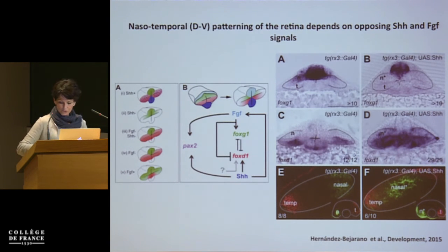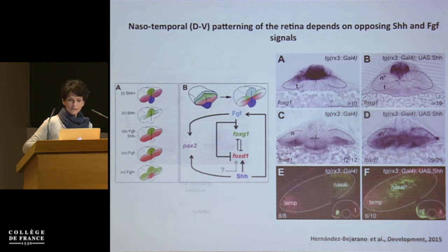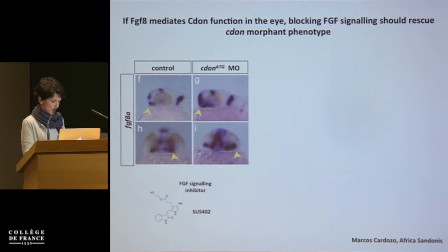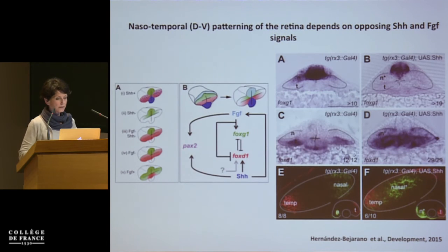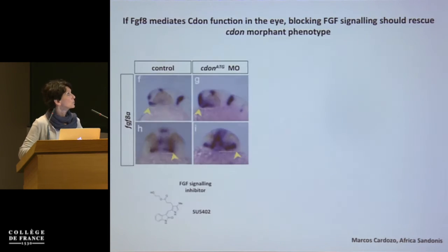So what Marco actually asked is whether FGF was modified in Kidon morphant, and indeed what he observed was an expansion of FGF8 expression, much in line with the idea that there is an interplay between these two signaling components.